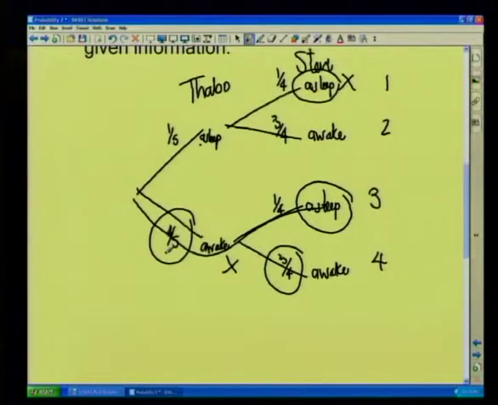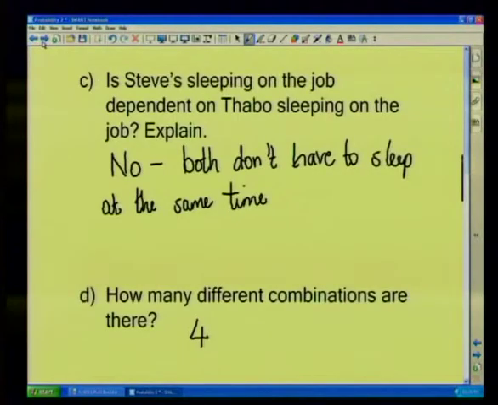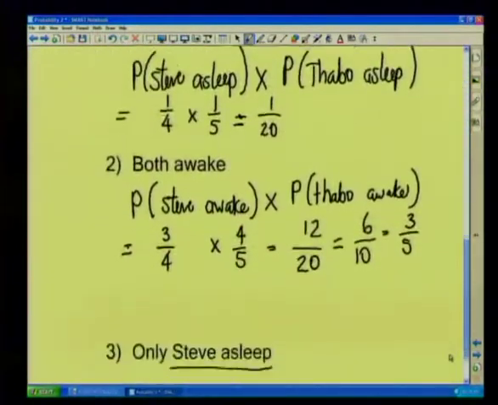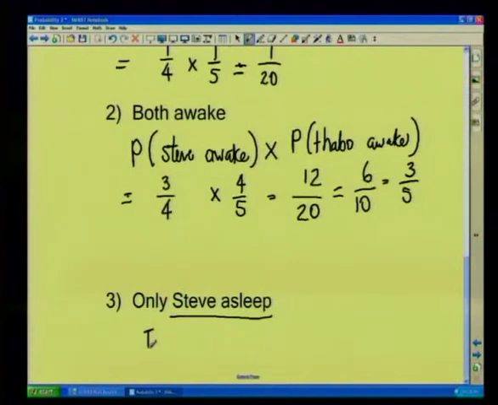So let's do that as our combination. Four fifths times 1/4.